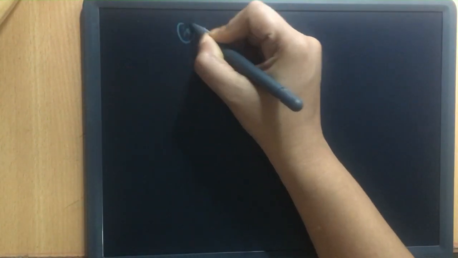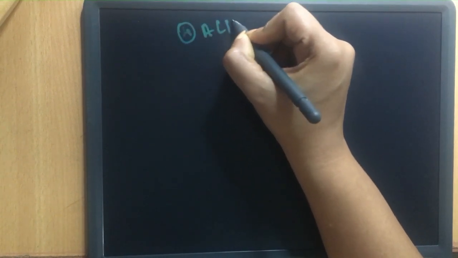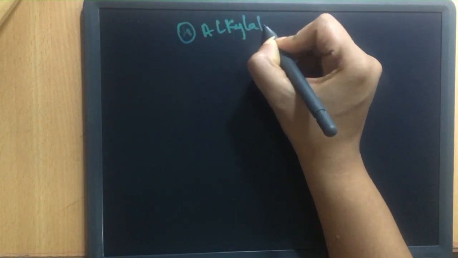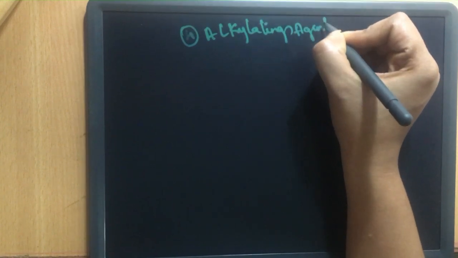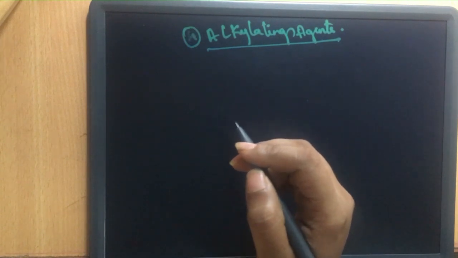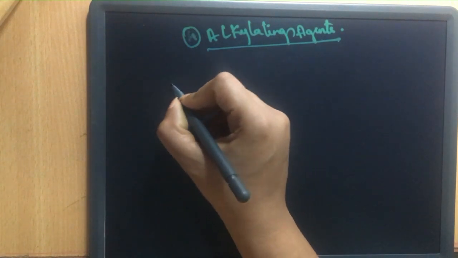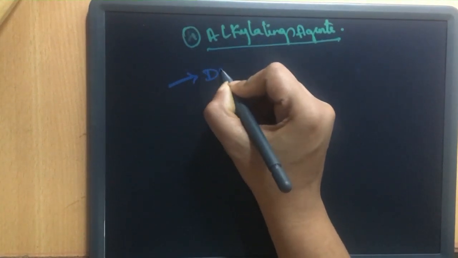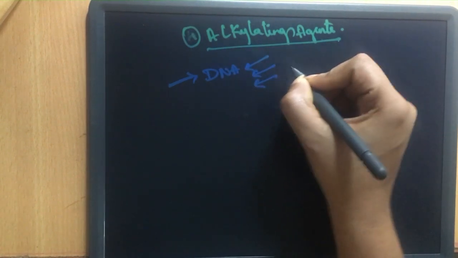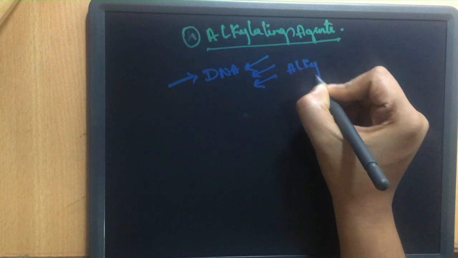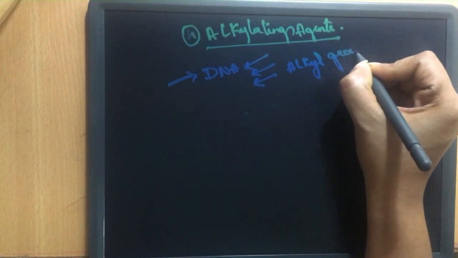Now the fourth type is alkylating agents. These are chemicals that damage the DNA by introducing alkyl groups.